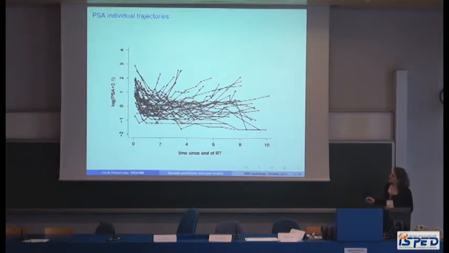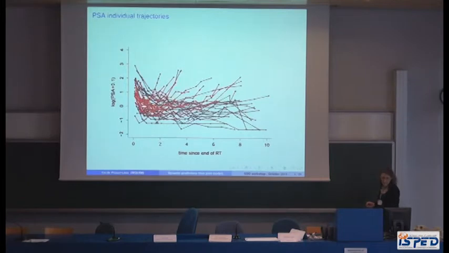You can see that for all the patients there is a very important drop in the first year after the end of the treatment, and then a sort of stabilization over time, or some slight rise, more important rise, and very important rises of PSA.